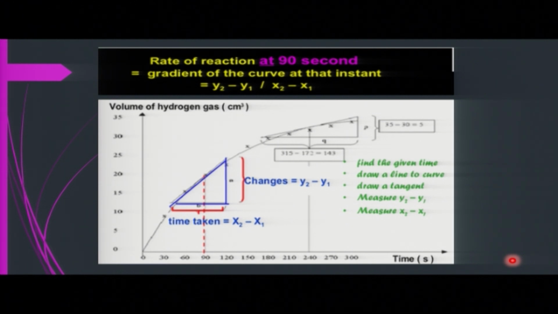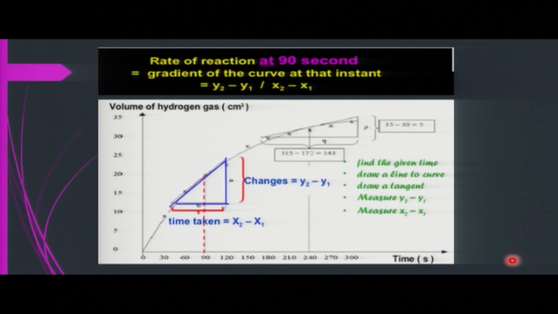If we can do a recap very fast, the rate of a reaction is you look at the changes in the physical quantities. You can look at the mass, the gas produced, or the changes in the pH, and so on, with time. If you follow up how that change is happening as time passes on, then you will get a table of results which you can plot, and from them you can get directly the rates of reactions.